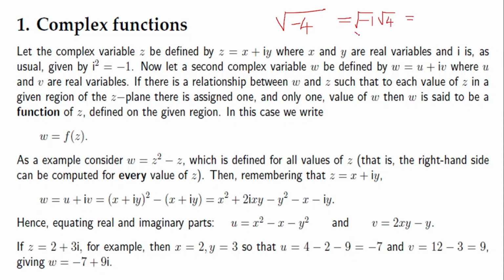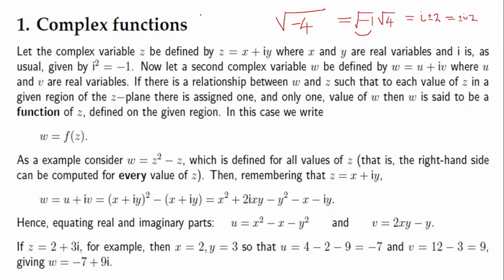And what is this? This is I. This is what? Plus or minus 2. So this automatically is plus or negative I 2. Are you getting me?